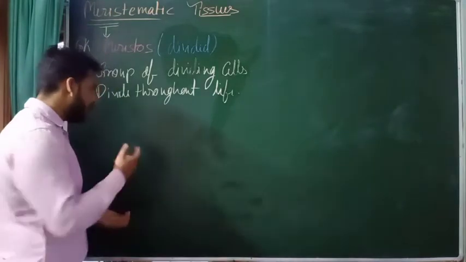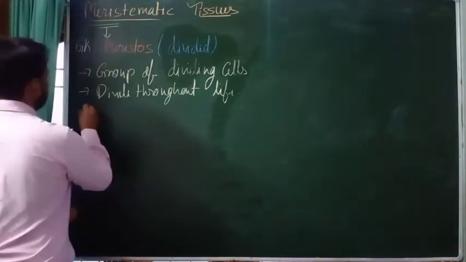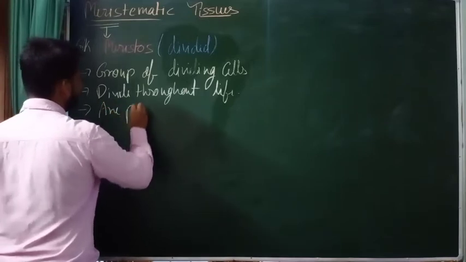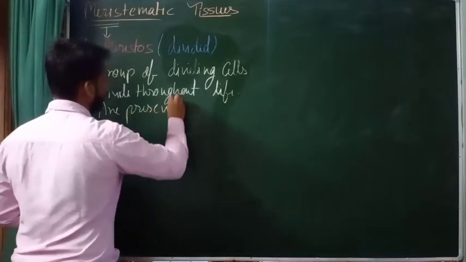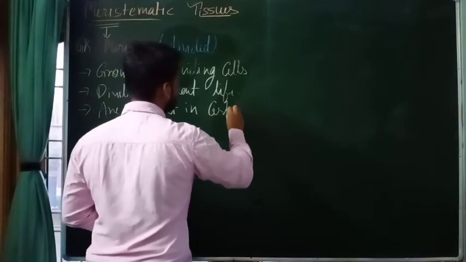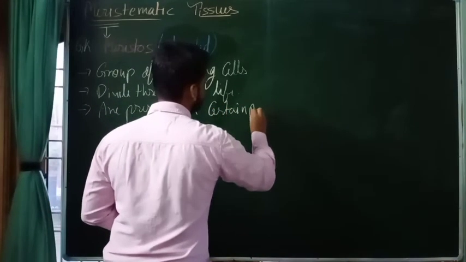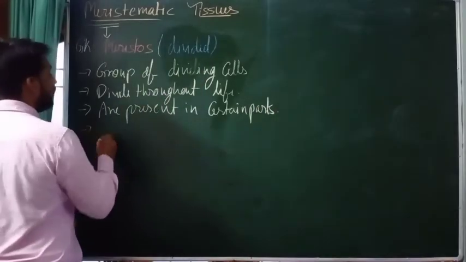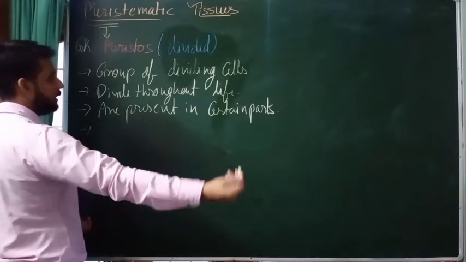So here we can see another point. Present in certain parts. So here growth is restricted to certain parts.